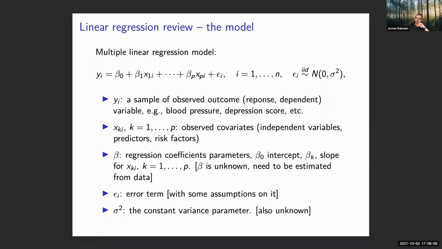Then we have as many coefficients as we have additional covariates, going up to a maximum of p. In addition, we have the residuals, that is, unaccounted factors and the error that comes from measurements or whatever unaccounted factors may come into place.